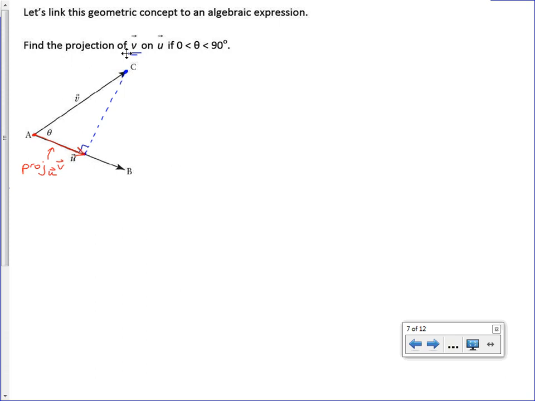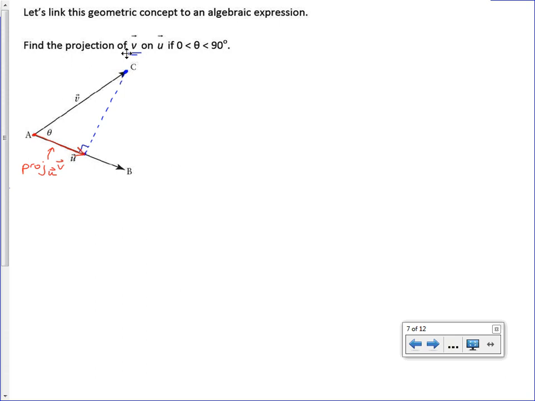Let's think about this. How am I going to figure out that length? Well, it is a rectangular component, agreed? Because I've created a 90-degree angle. If I want to find the length of this vector, from A to the end point here, how can I go about doing that?